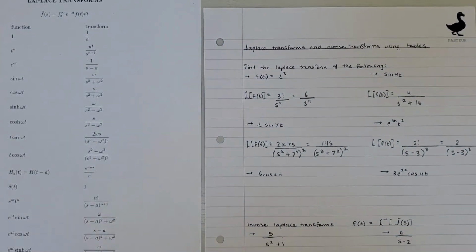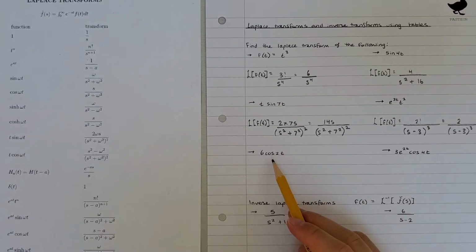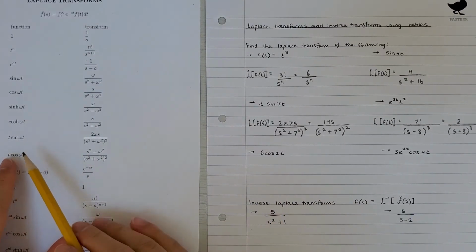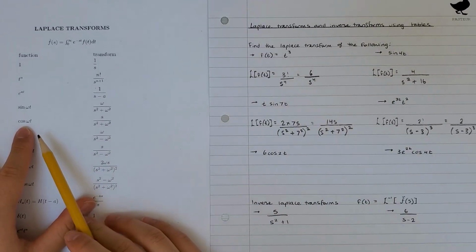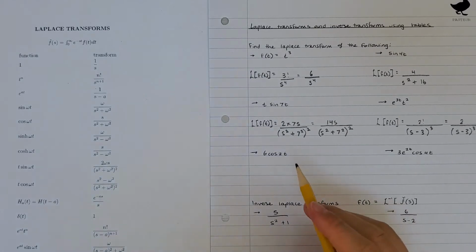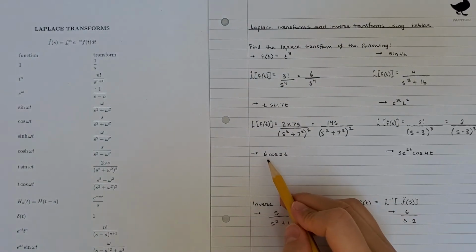If you keep going, 6 cosine 2t, so we have here cosine wt, so we can just multiply it by 6.